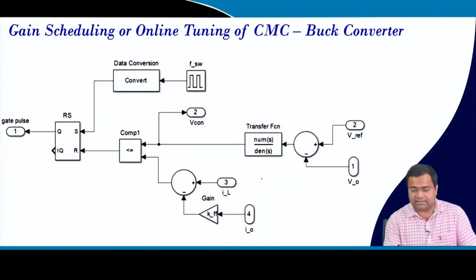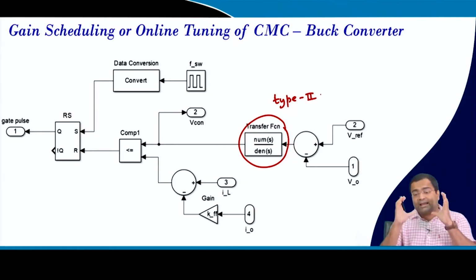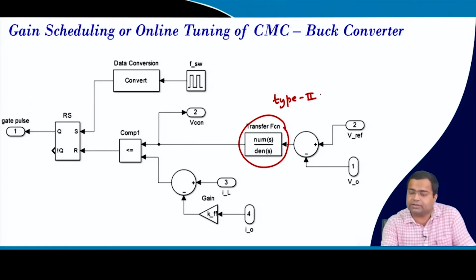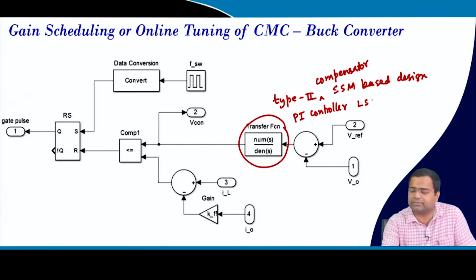If you go inside, here you have a transfer function where we consider type 2 compensator. This is for small signal based design. But in our case we will consider a PI control, so this is type 3 compensator. In our PI controller we will use large signal model based design.